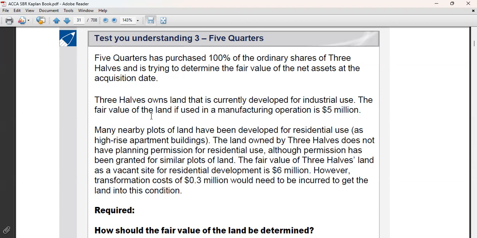So you realize that the highest and best use of the asset will be which one? Is it to use it for manufacturing or for residential? Residential. Now that you know it's residential, go to the next step. The three things: physical condition, financial feasibility, legal permissibility. What did I say about the legal permissibility?